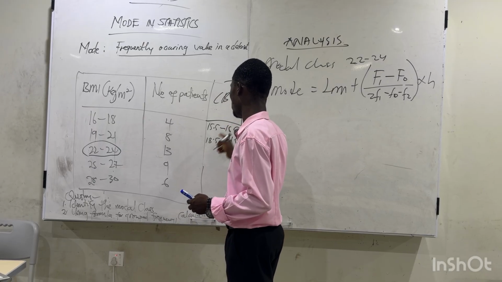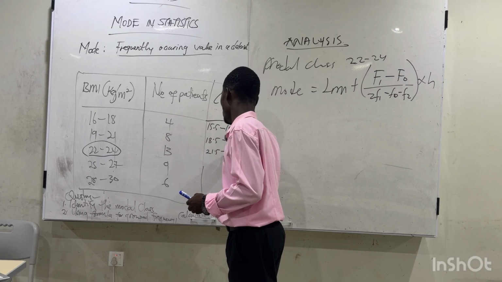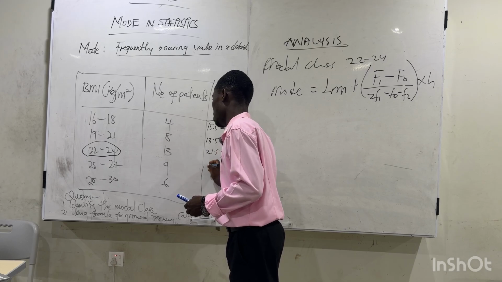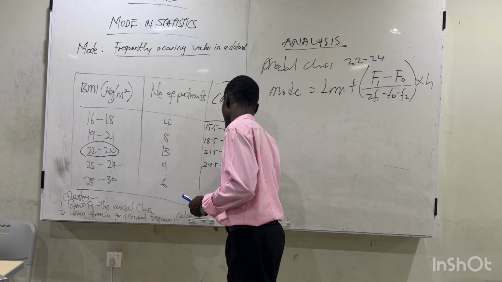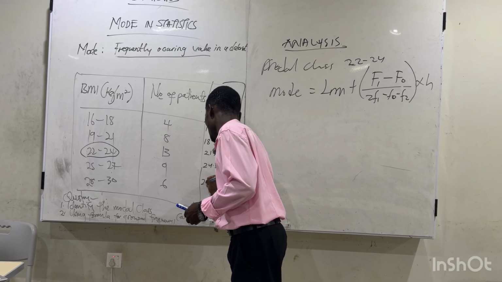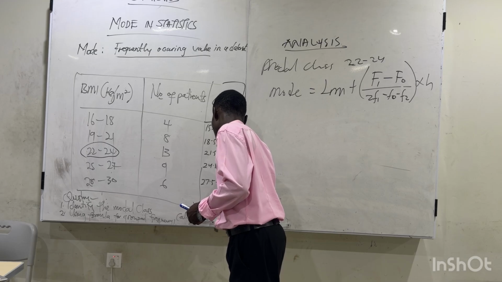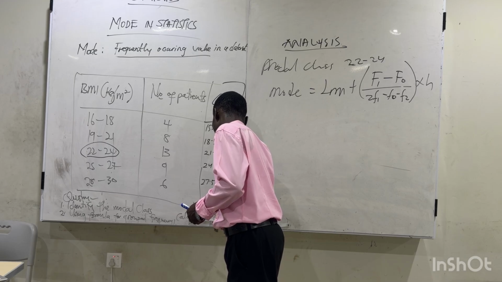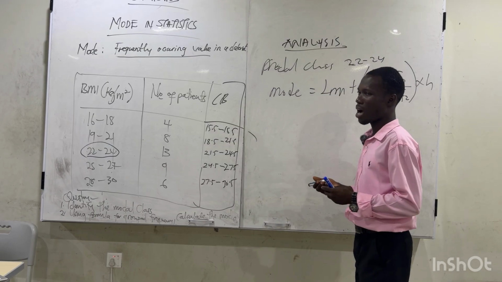Always this and this become the same thing. Here will be 21.5 to 24.5, then 24.5 to 27.5, and 27.5 to 30.5.